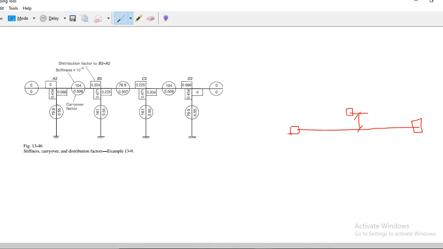The 0.566 is the distribution factor for A2B2, and this 104 is the KSB for this A2B2, and this is the carryover factor. This is taken from table F14, I think.